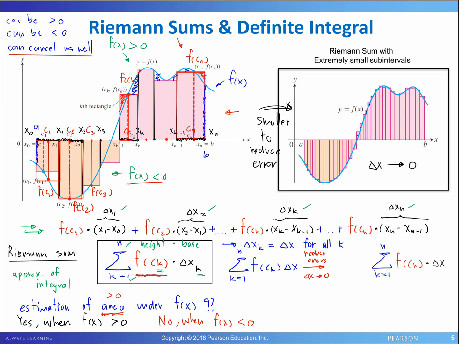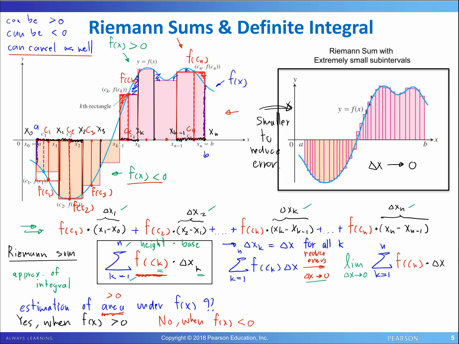However, we still have this condition that we want to make happen. Delta x goes to 0. What can we do? Well, we know limit, right? So let's put limit in. So it's going to be the limit of the same Riemann sum when delta x goes to 0.